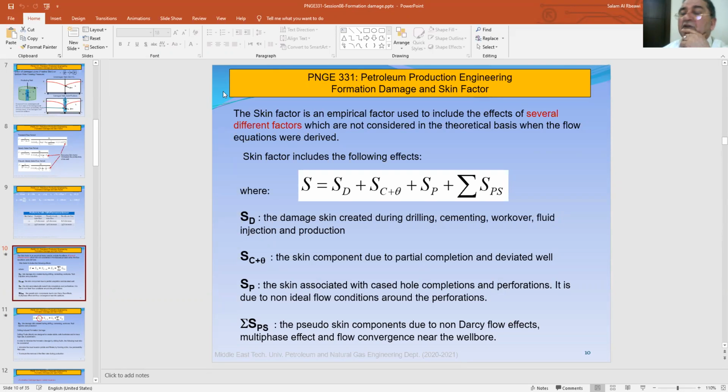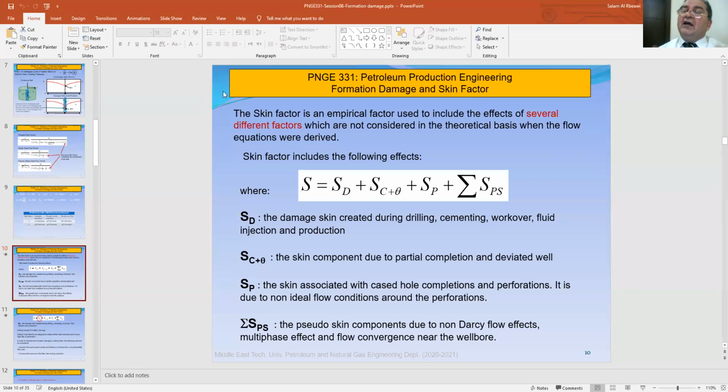Okay, so this is called fine migration. We will see the impact of something like that later. So we do have some skin factor that comes from the production process.